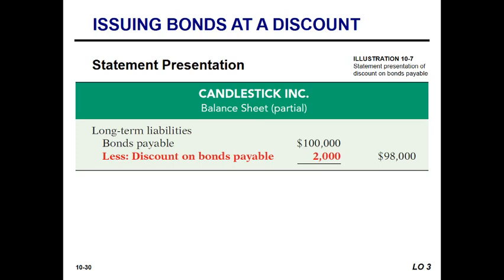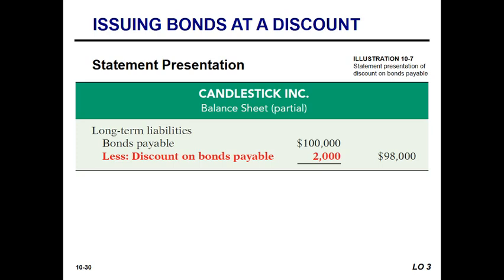Means that at some point in more than a year, there will be $100,000 worth of bonds payable that will need to be paid at face value. We then have the separate account, less the discount on bonds payable for $2,000. That means at this exact point in time, our current obligation is $98,000. That is what we received.